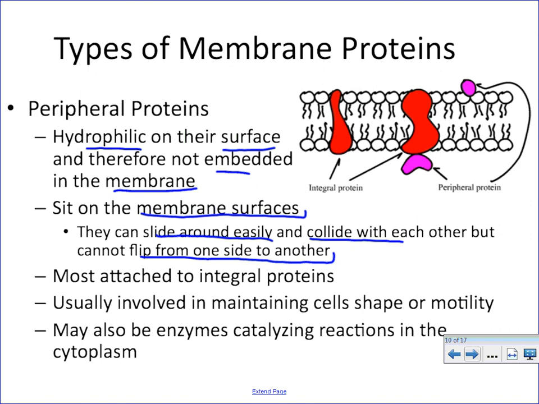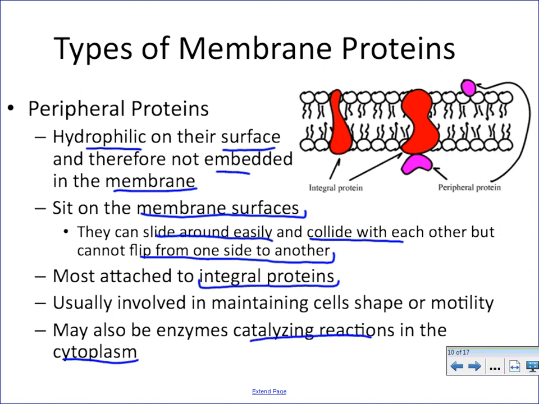Most peripheral proteins are attached to integral proteins. Usually they can be involved in maintaining the cell shape or aiding with cell motility, but they may also be enzymes that catalyze reactions in the cytoplasm. So there are many different roles for these peripheral proteins.